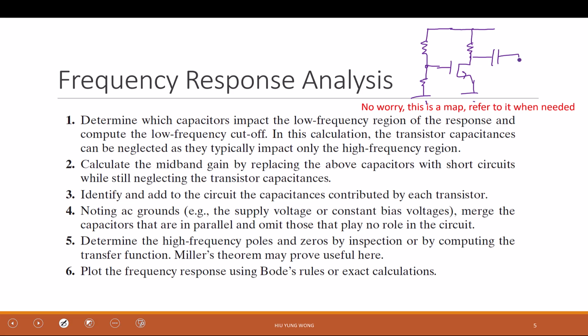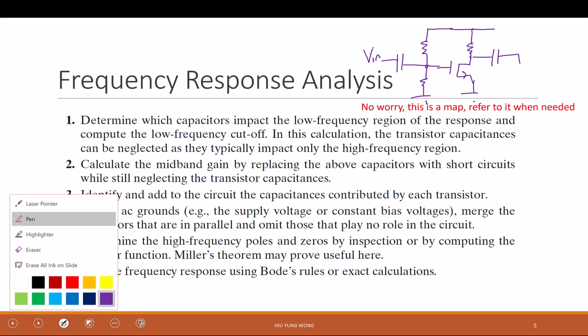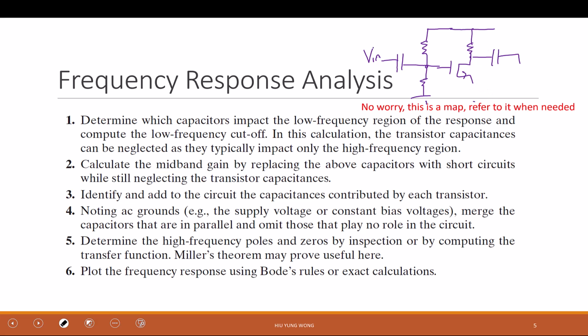I have an output and I have the input. Maybe a better example is the one that we had last time, something like common source with degeneration. Remember this?